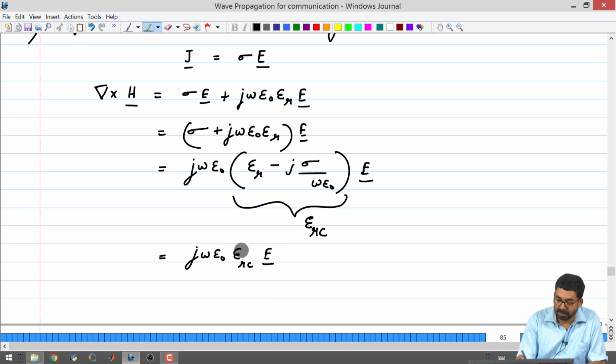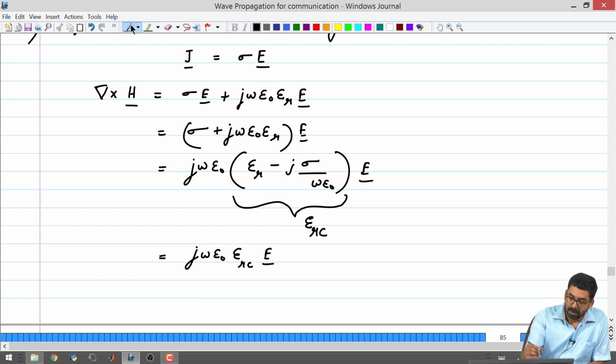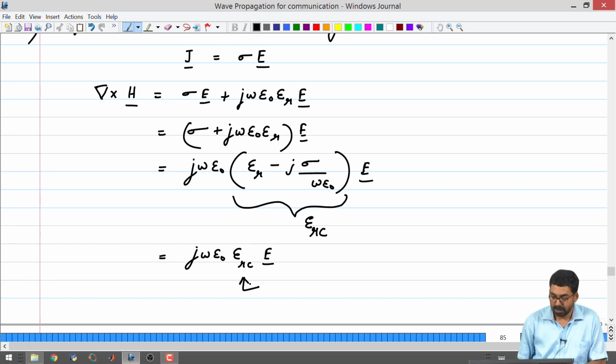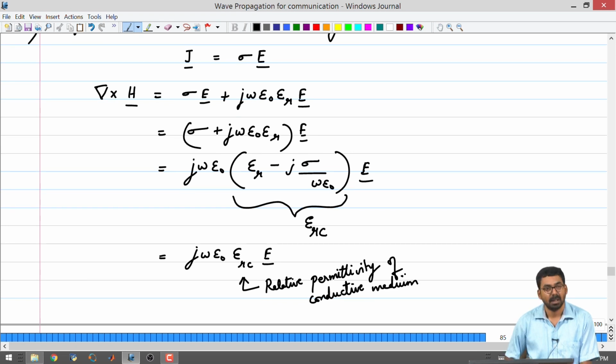This term needs more attention. Previously it was only j omega epsilon naught epsilon r. Now it is epsilon r c, that means we have created some new term and we have to look into it in detail. This case it is known as relative permittivity of a conductive medium.